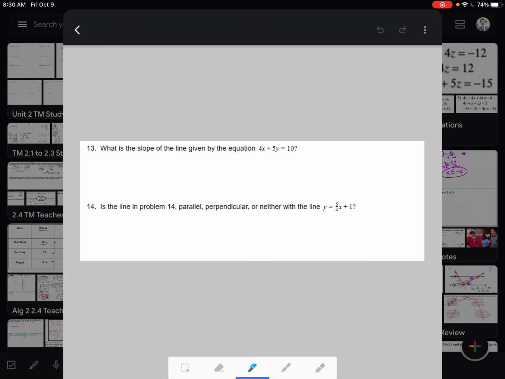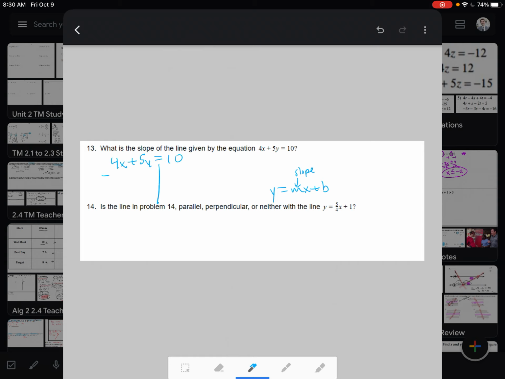A little bit more challenging with number 13. We need to get to y equals mx plus b form. And in this form, our slope is our m. So we would have to take our 4x, our 5y, and 10. Keep everything balanced, but do a little bit of algebraic isolation. So move the 4x to the other side. We'll be left with 5y equals negative 4x plus 10.